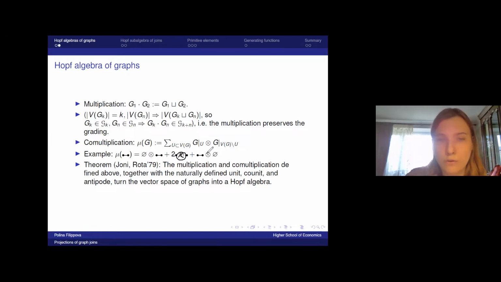And then we take all the vertices as a subset. And these operations turn the vector space of graphs into a bialgebra, and moreover into a Hopf algebra. We will denote it also by G, Hopf algebra G. So this is a notion not only for the vector space, but for the Hopf algebra too.